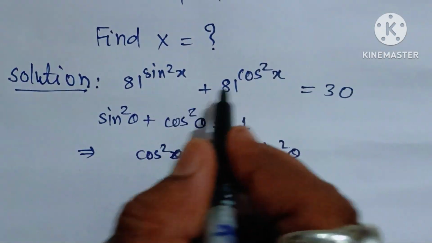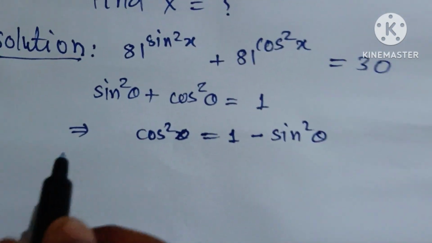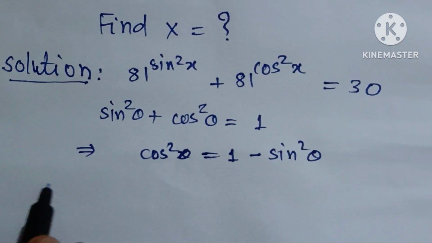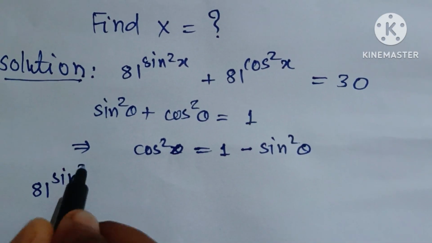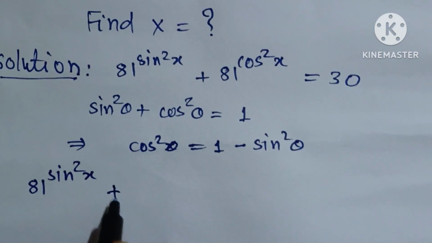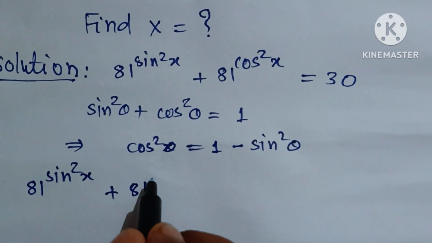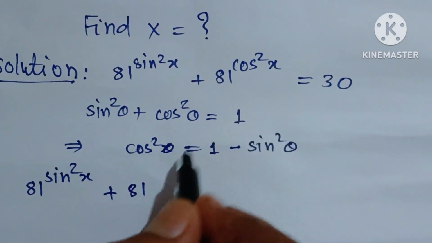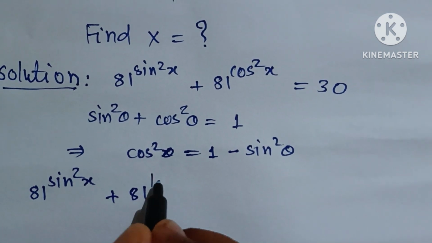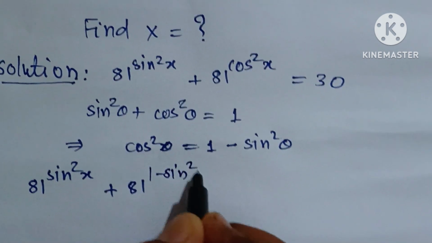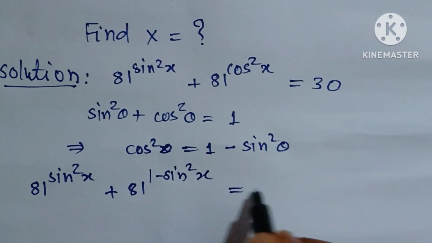Now we apply this here. We can write 81 raised to the power sin²x plus 81 to the power, in place of cos²x we put 1 minus sin²x, equal to 30.